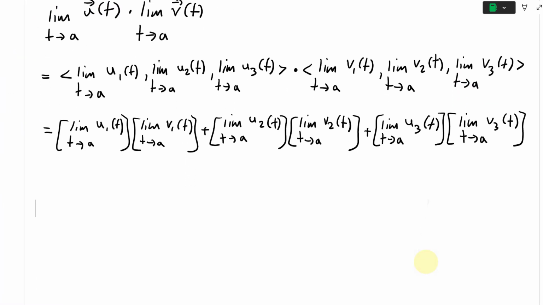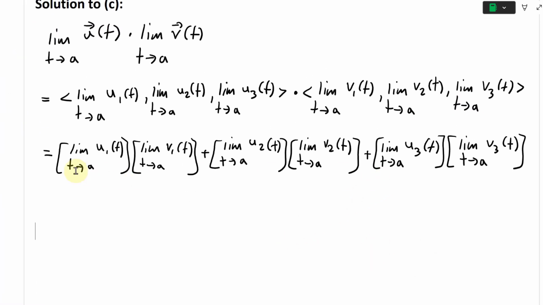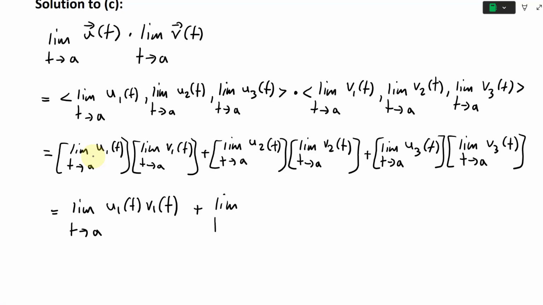We have this now, and now we can do some simplifications. We have this limit right here, and then times this one. Well, that's just multiplication, so we could take the limit out of these separately. So this equals limit as t approaches a of u1 of t times v1 of t. And then, again basic limit laws, we can take the limit out of the one in the middle, because they're the same limits as t approaches a.